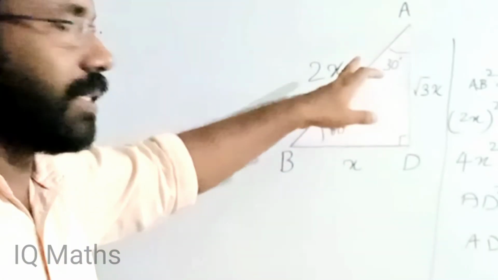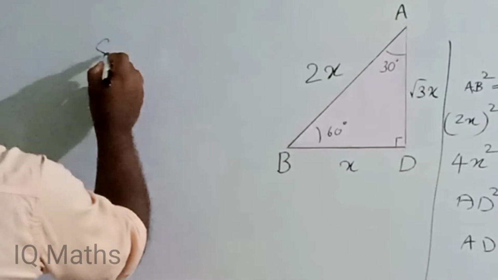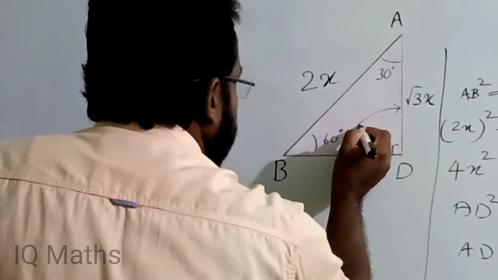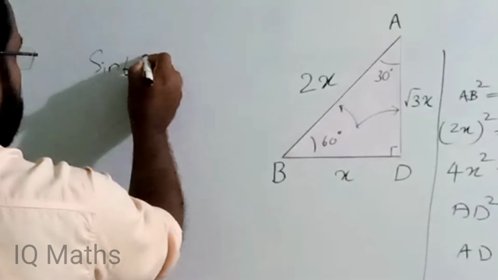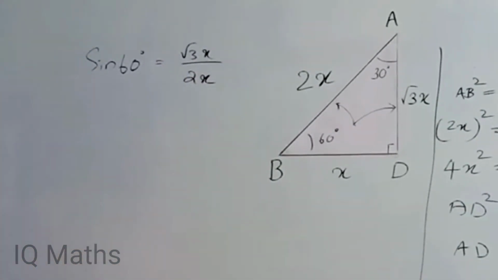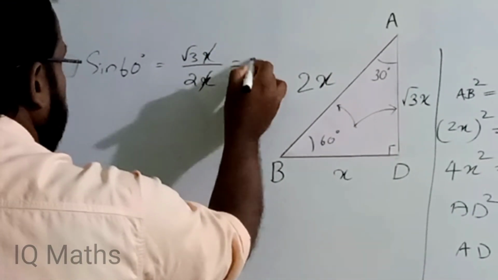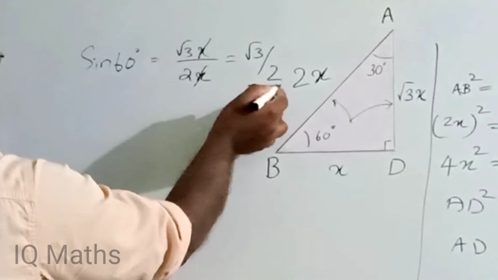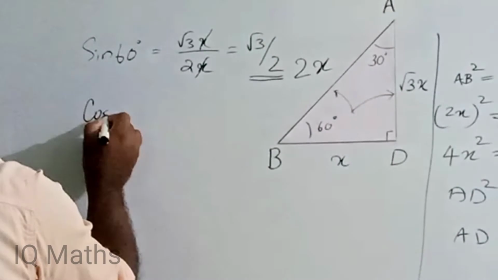Now consider the ratios. You know what is sine 60? Sine 60 is opposite side by hypotenuse. Opposite side is root 3 x by hypotenuse 2x. x and x cancel, that is root 3 by 2. Sine 60 is root 3 by 2. Next is cos 60.